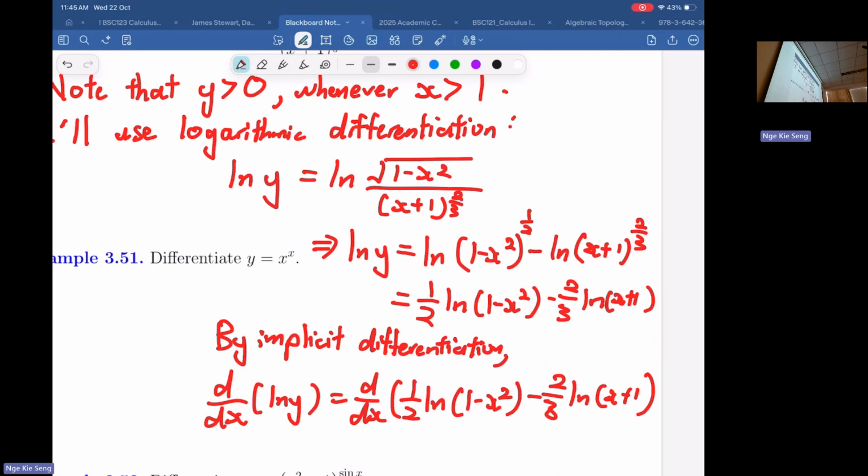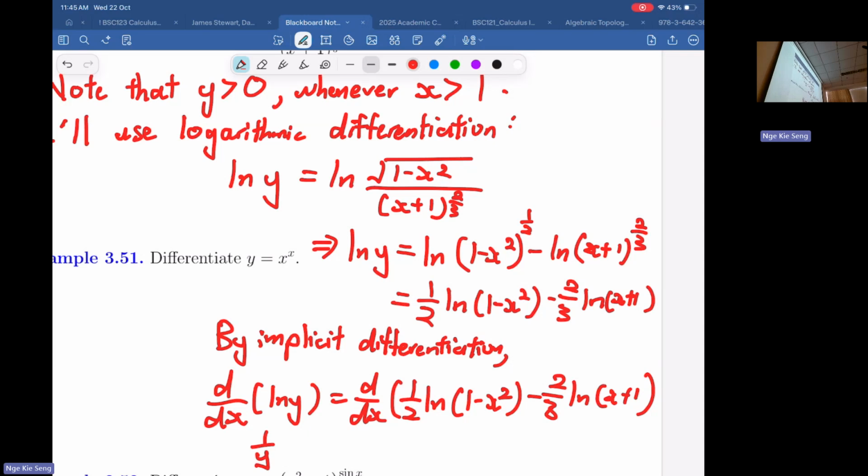For the left hand side, what do I get? Do I just get 1 over y or not? No. Why not just 1 over y here?